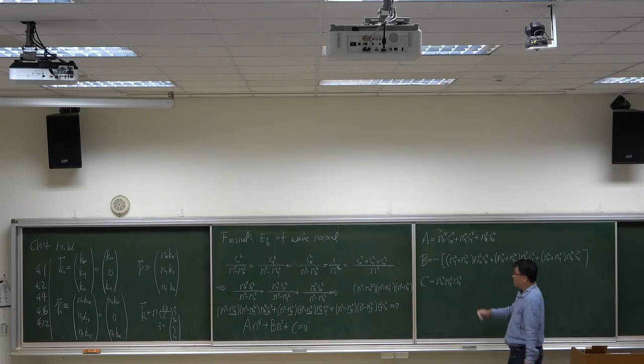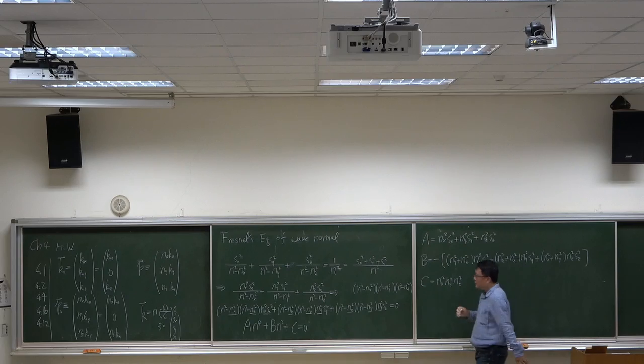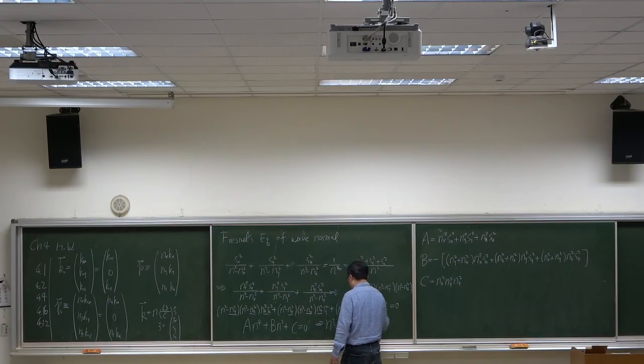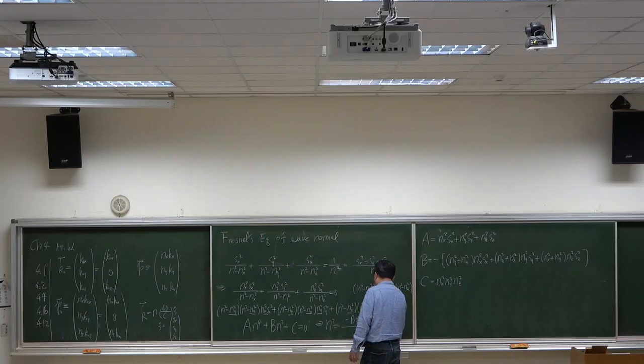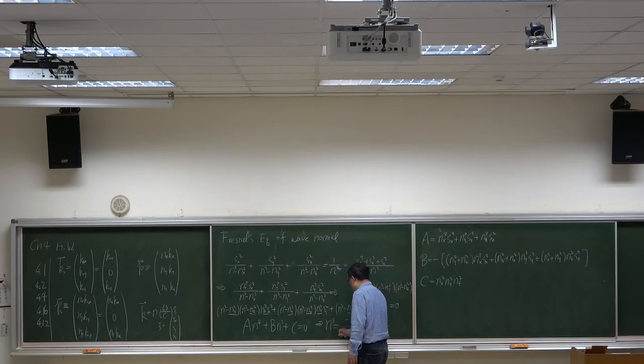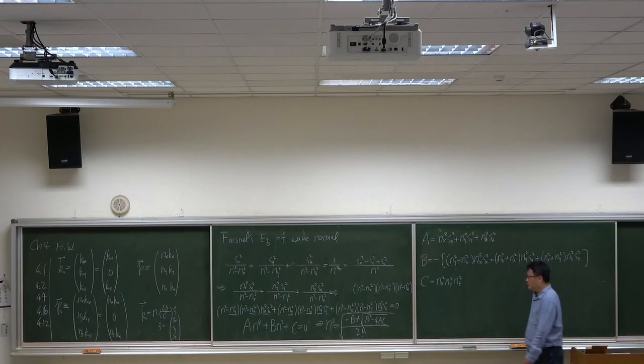So this is the quadratic equation in n squared, which we can use to solve for n squared. The n squared is this, and we can further take the root of it to get the two possible refractive indices.